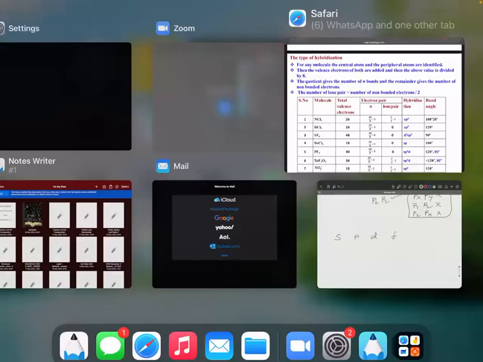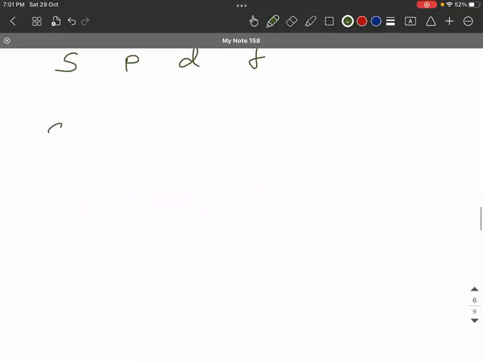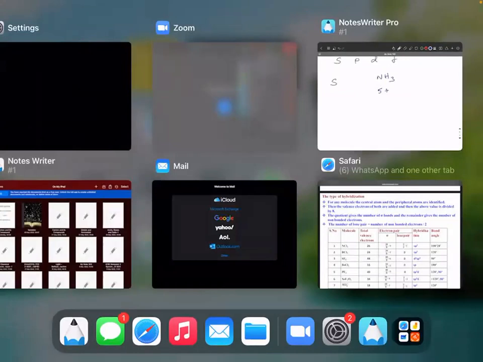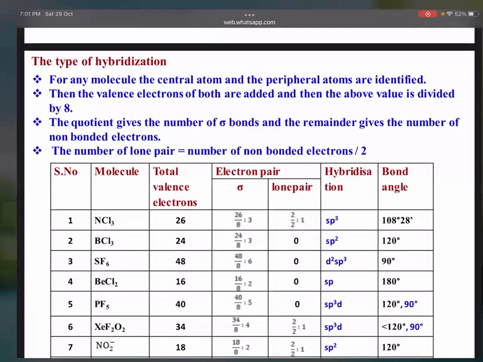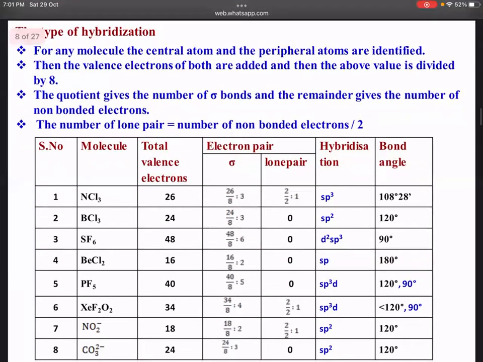We'll do one by one. So what molecule can we do? You tell me any other molecule. NH3, shall we do? NH3. So what is the valence electron of nitrogen? 5. Then when you have hydrogen, you have to divide it by 2.